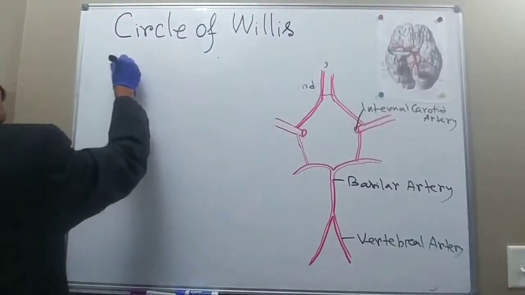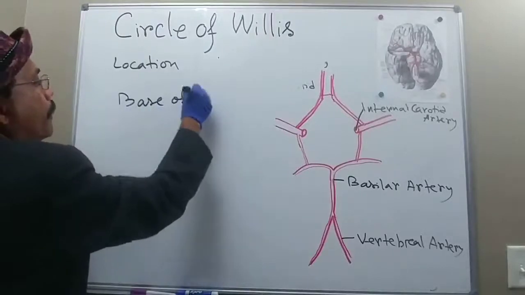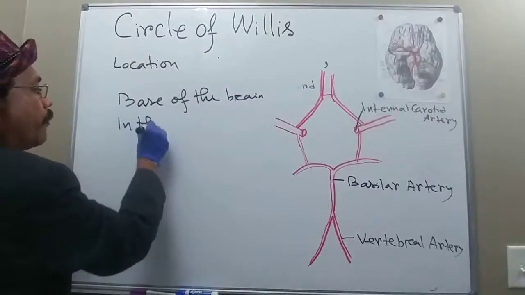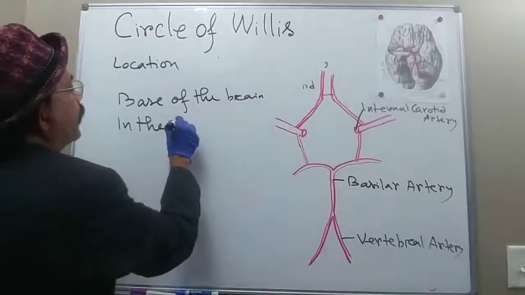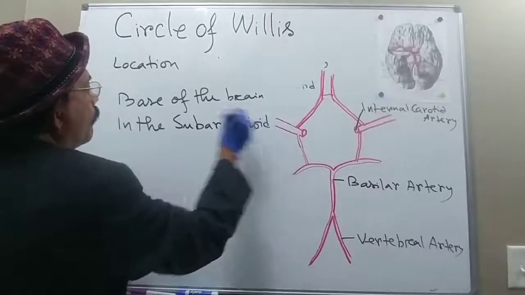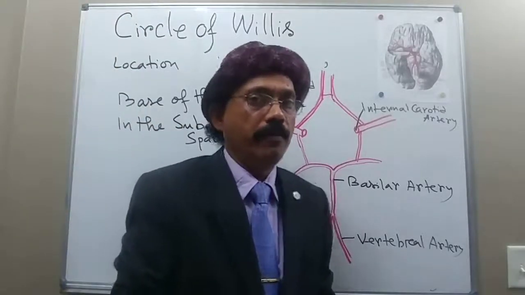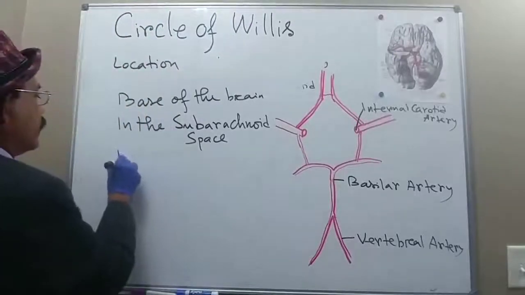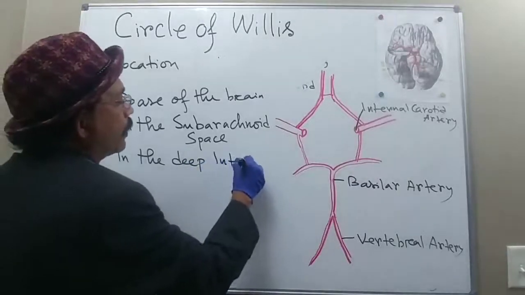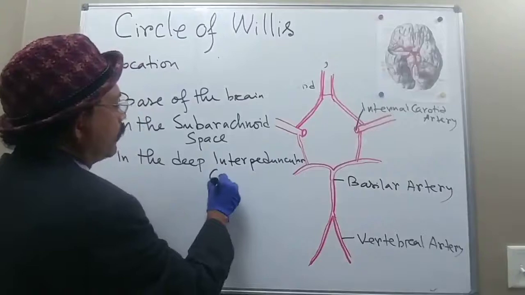Location: base of the brain, in the subarachnoid space, the space between the pia mater and the arachnoid mater, in the deep interpeduncular cistern.